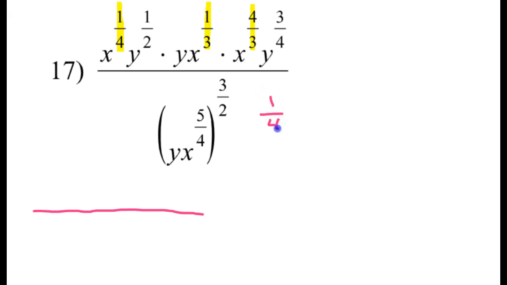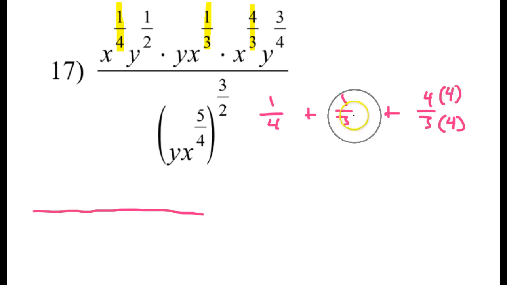So I need to do 1/4 plus 1/3 plus 4/3. I can make all of these numbers into 12s. I'm going to do this one by 4, and I'll do this one by 4, and I'll do this one by 3.